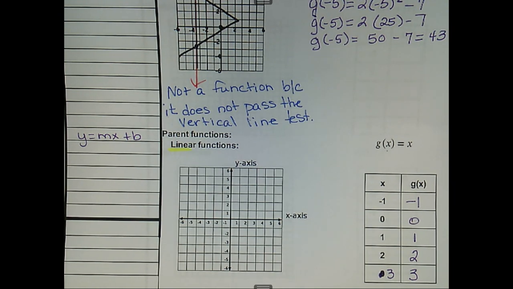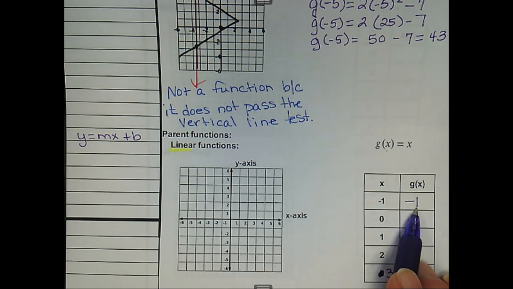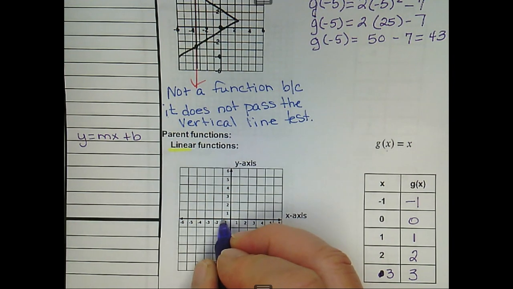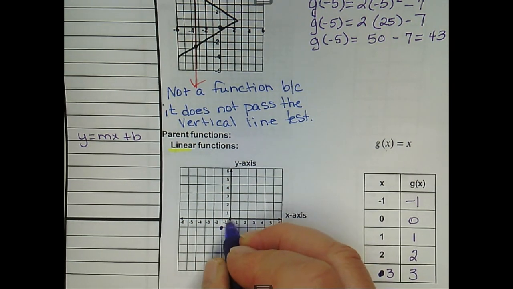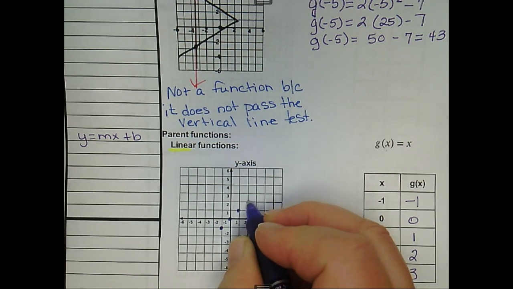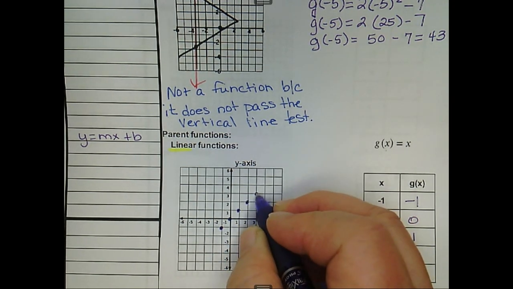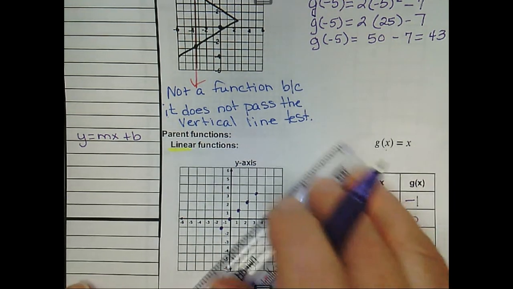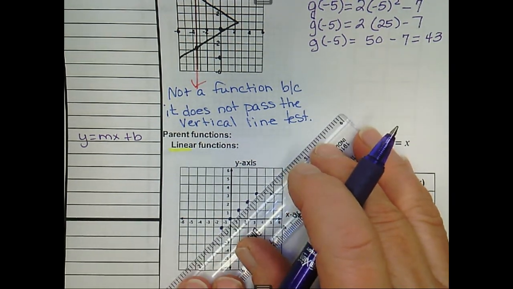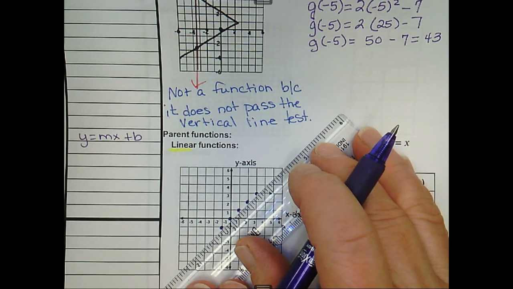Okay, so what does it look like when we actually do graph this? This is your first point, -1, -1. Go over and go down. 0, 0, 1, 1, 2, 2, 3, 3. As you can see, this line kind of cuts my Cartesian plane right through the middle.